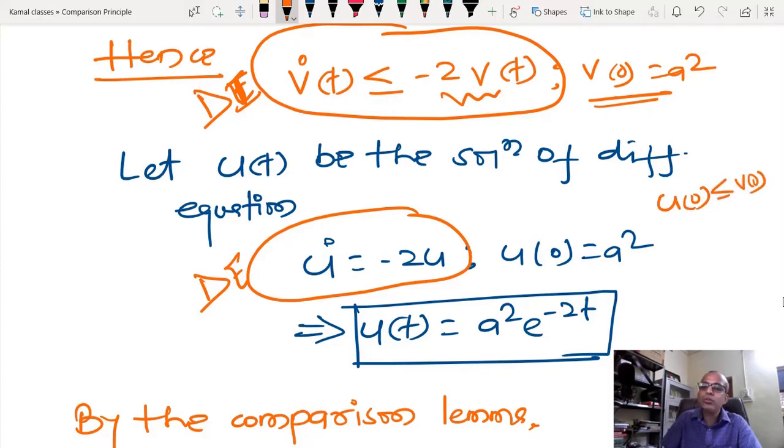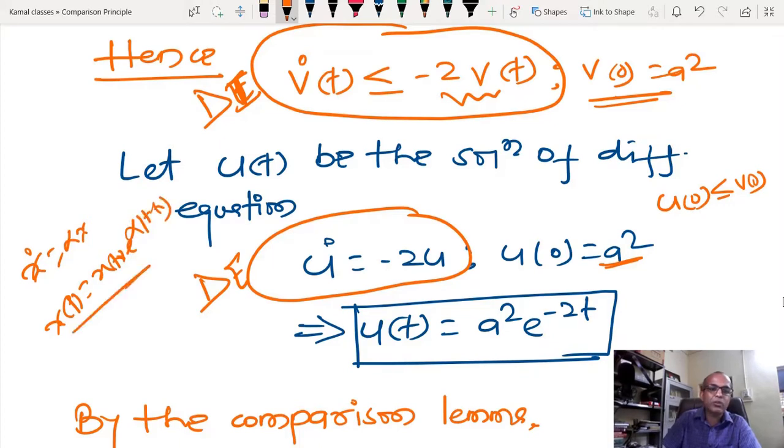And you know how to solve it: u dot equals minus 2u. Whenever I have x dot equal to alpha x, I know that x(t) equals x(t0) e power alpha (t minus t0). This is the kind of solution I have.